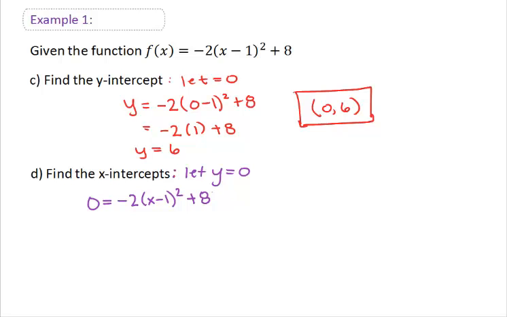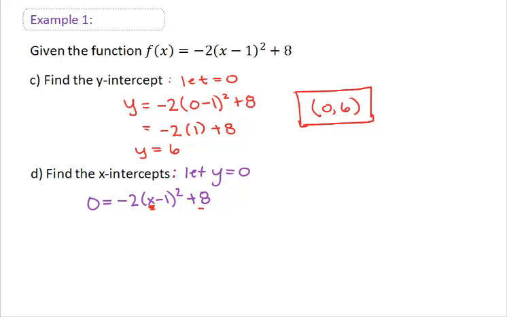This is a quadratic equation, so you can solve it one of numerous ways. You can factor it, you can use the quadratic formula, you can complete the square. But since I only see one variable, the easiest way to solve this equation is to isolate that variable.